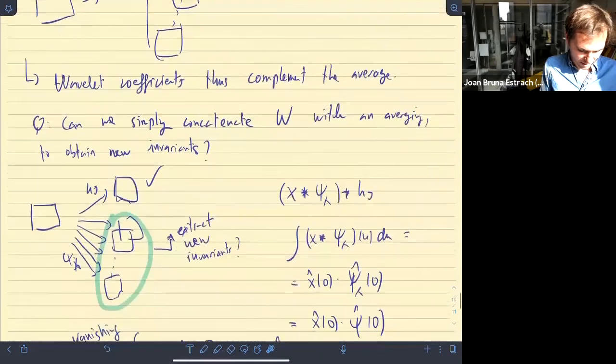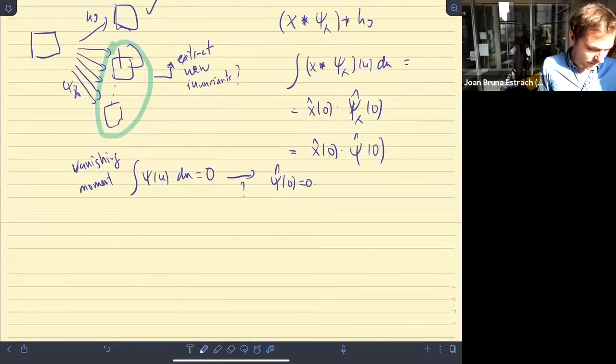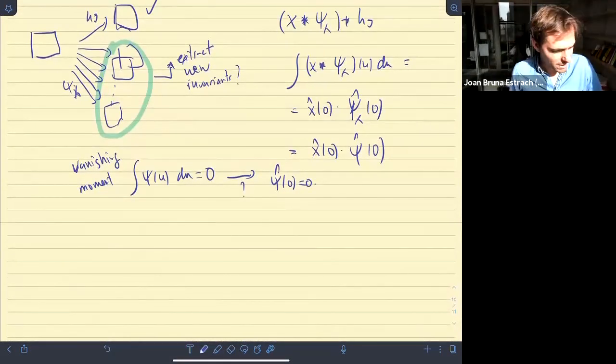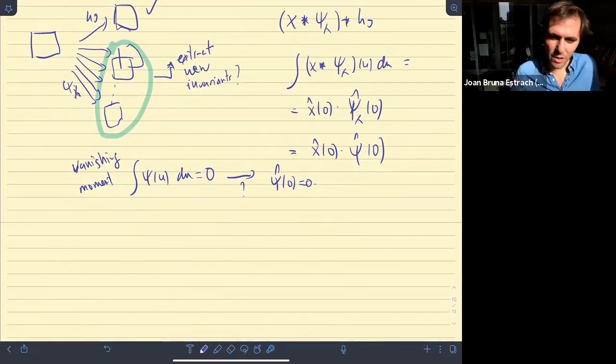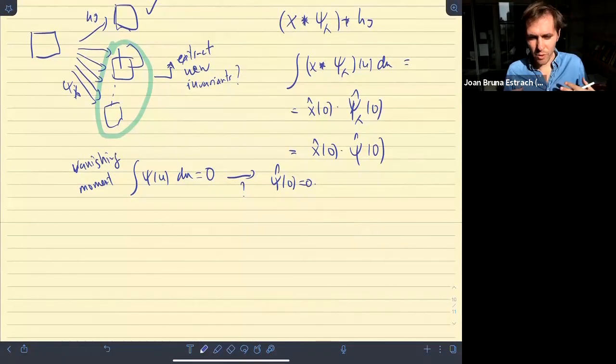This is also consistent with what we said before: this cannot produce new invariants, because concatenating a wavelet convolution with a low-pass filter is still a linear operation. And we just saw that there are no more linear operators that are invariant other than the average.